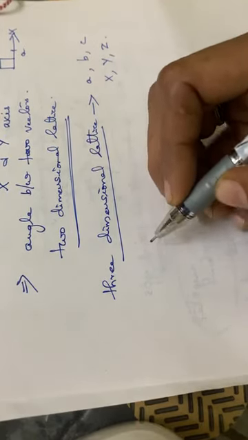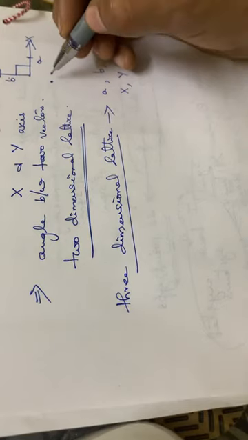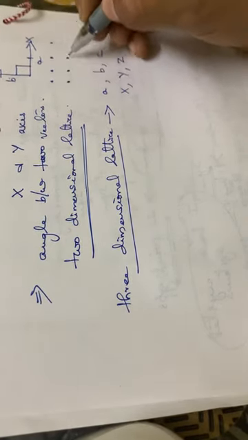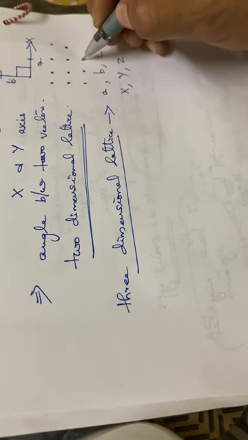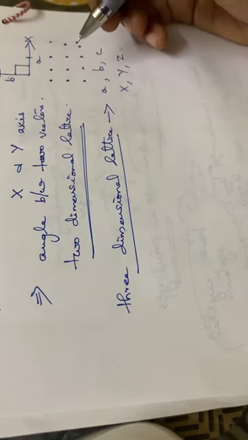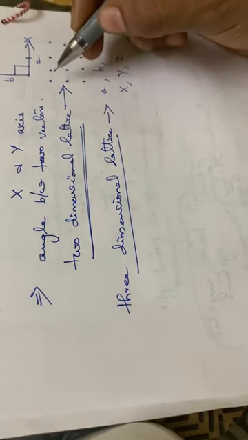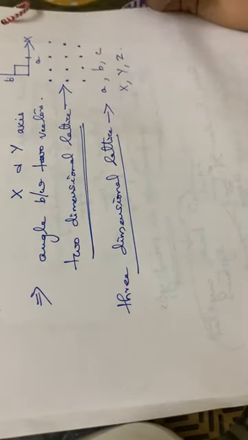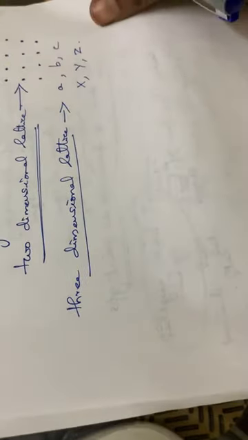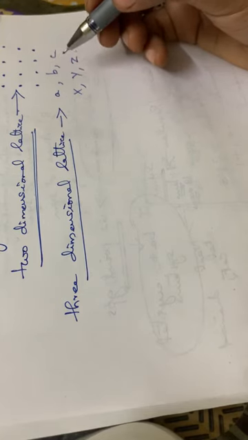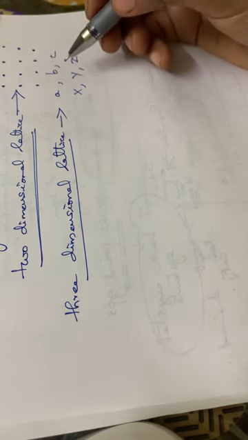Suppose for the two-dimensional lattice, I forgot to write the dot. So this is the case of a two-dimensional lattice, with two axes, x as well as y axis. In this three-dimensional lattice, we can represent using three vectors a, b, c along three axes, x, y and z axis.